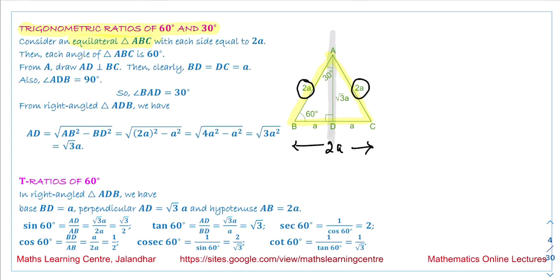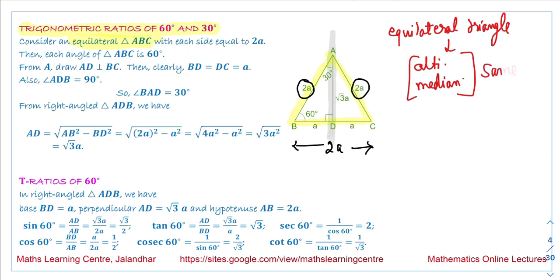We know that for the equilateral triangle, the altitude and the median are the same. This is from the properties of the equilateral triangle. So if we have drawn this perpendicular, then the lengths BD and DC will both be equal.